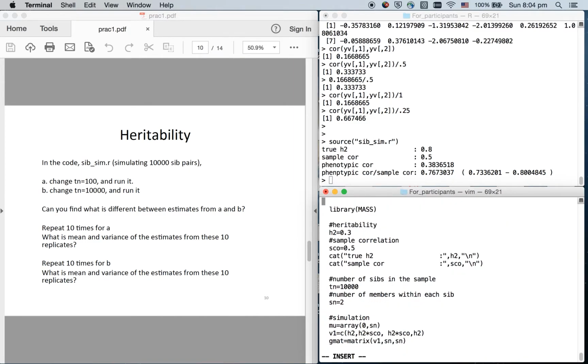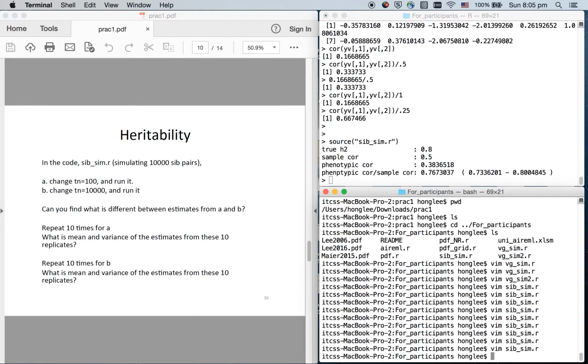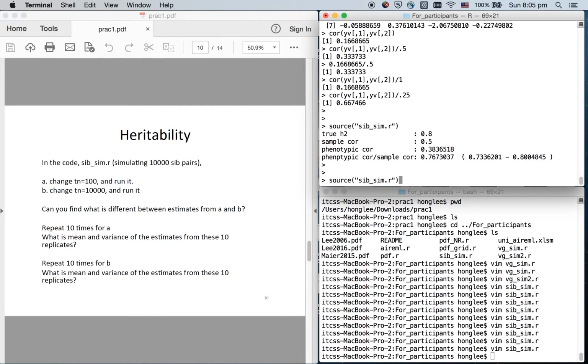In this code, what if you change the number of records to 100? Let's try based on the full SIP design. Let's try the number of records for the SIP as 100, then see what happens.